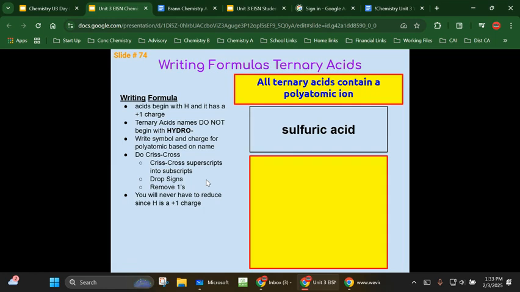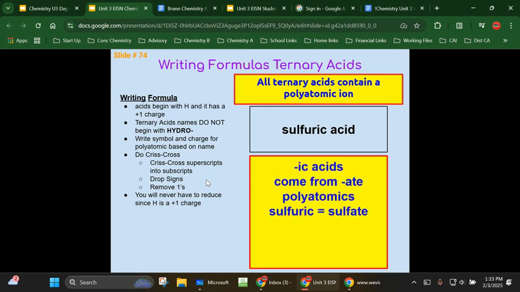Okay, so what are ternary acids named by? What is their name based on? Okay, so in sulfuric acid, if it's an ic acid, it came from what polyatomic? Sulfate. Sulfuric came from sulfate. What's the formula for sulfate? SO4. What do we put with it?